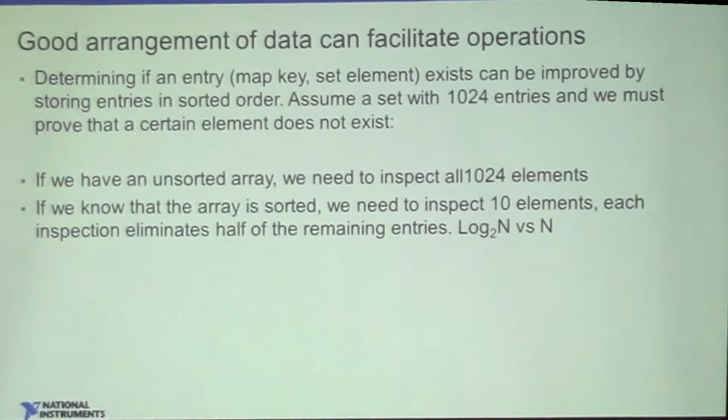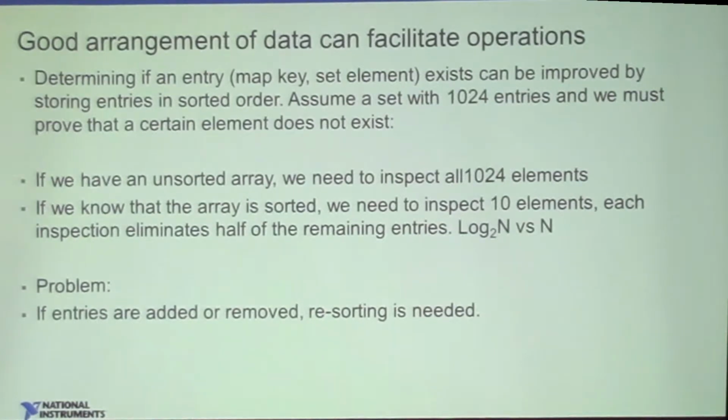And if you have 1 million entries, then it's almost that. So the problem is, if entries are added or removed, we need to resort the internal data structures, and that's all hidden from the user. But if we don't resort, we can no longer do binary search.